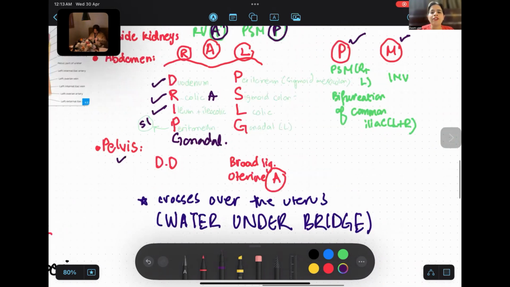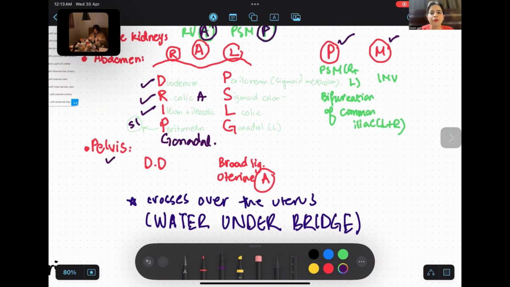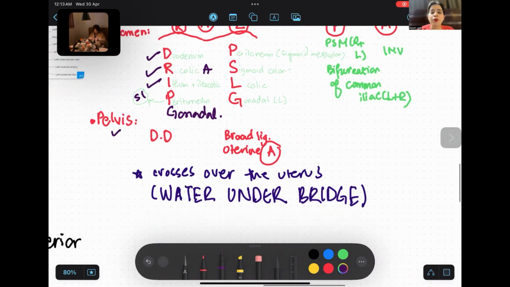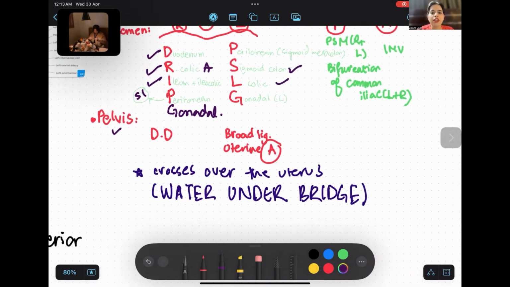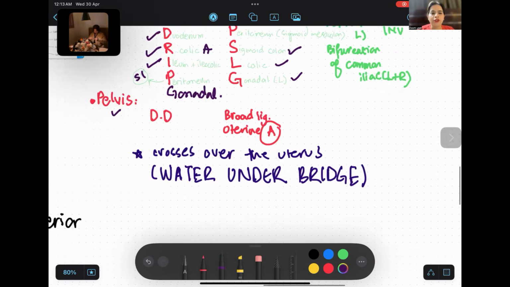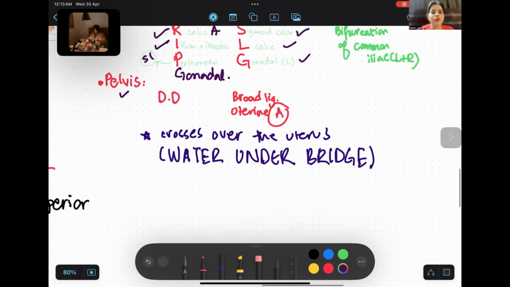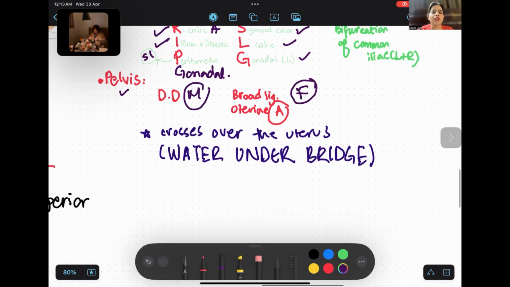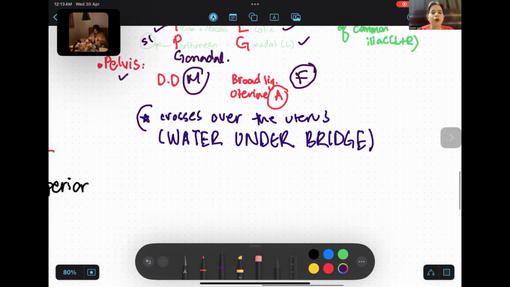And on the left side, you have peritoneum, the sigmoid mesocolon, the sigmoid colon itself, the left colic, and the left gonadal artery. In the pelvis, you have the ductus deferens, and the broad ligament of uterus and the uterine artery. You have to remember this mnemonic: crosses over the ureters.